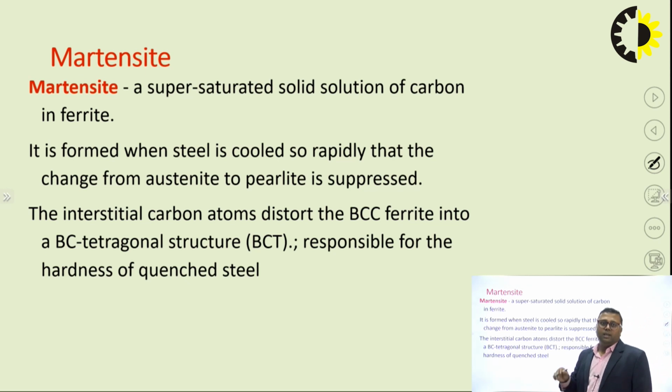Then another phase which exists in the iron carbon diagram is the martensite phase, a supersaturated solid solution of carbon in ferrite.